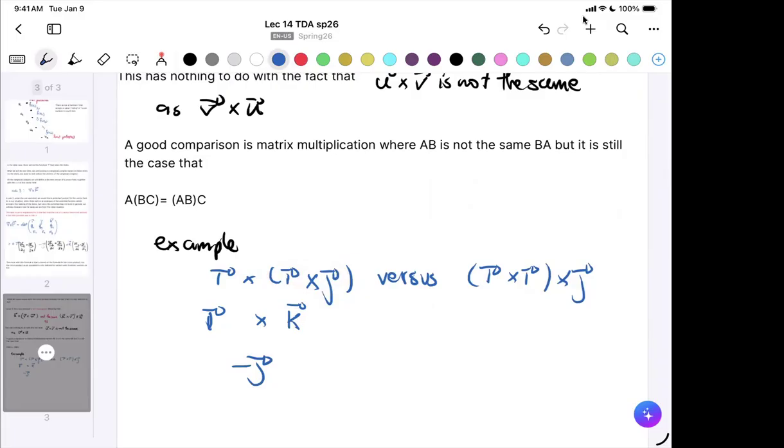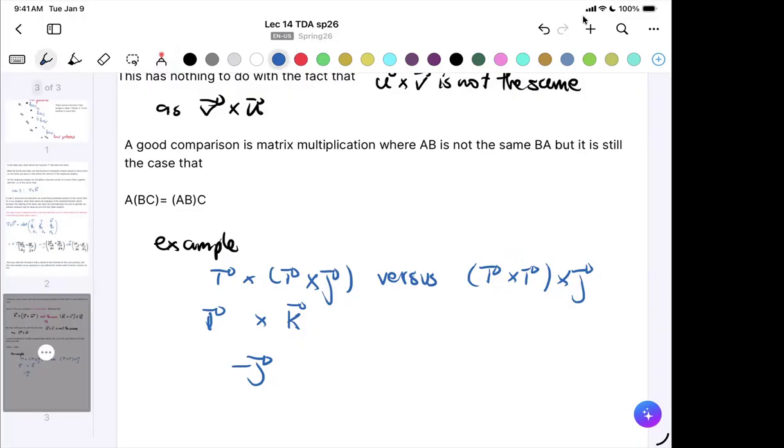So if you do this cross product using the parentheses for the last two factors, you get a result. But now, what happens if you do the same cross product, but using the parentheses between the first two factors? So you have to do I cross I. Anyone remember what I cross I is? That should be a bit easier. It was the zero vector, because the cross product of a vector with itself is just zero.